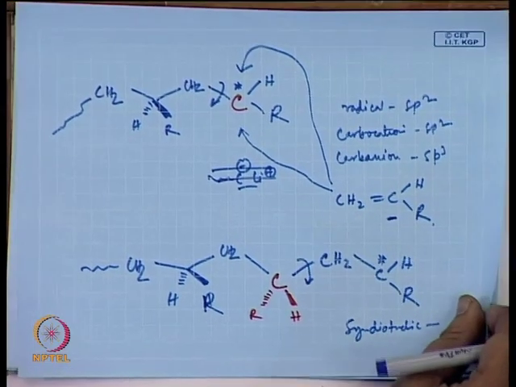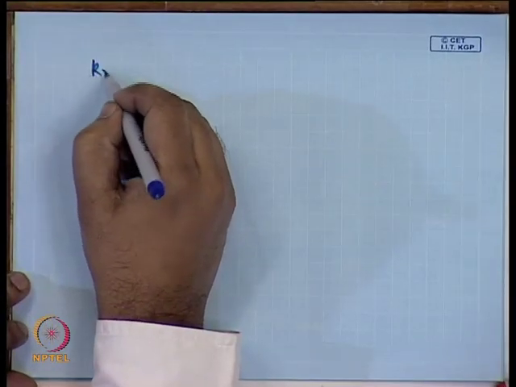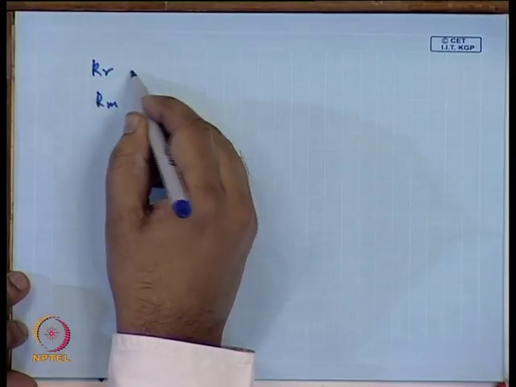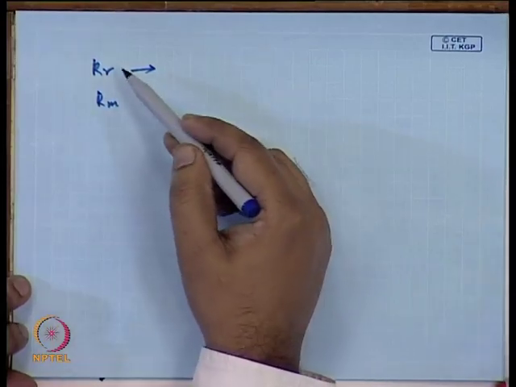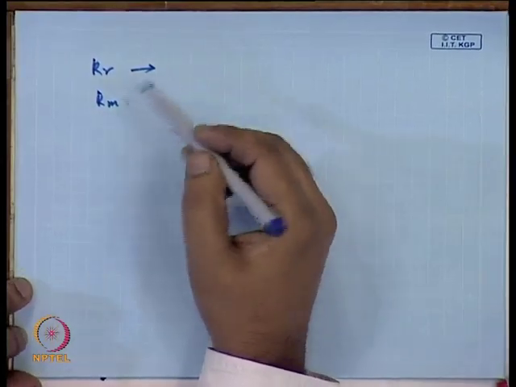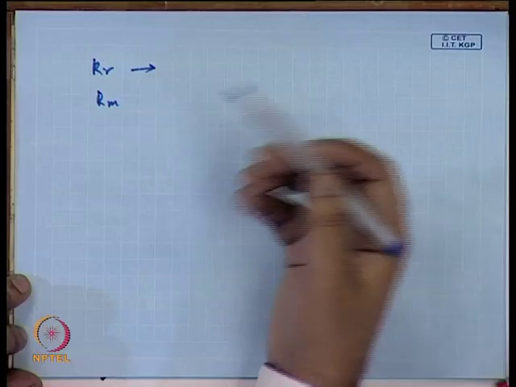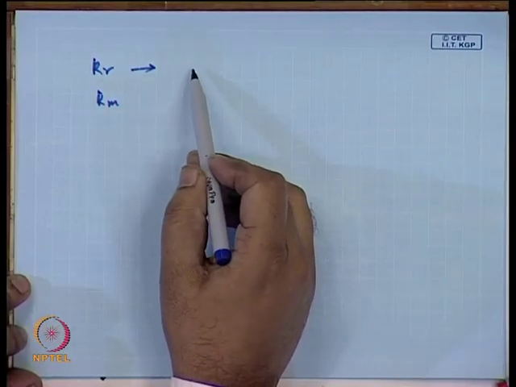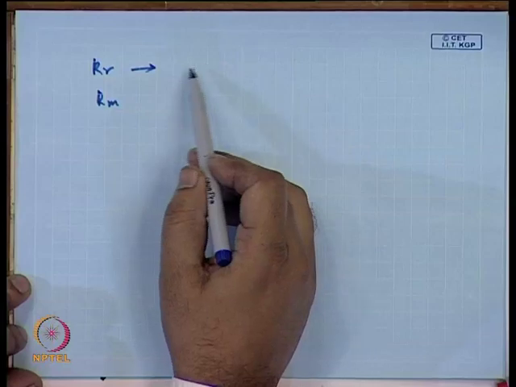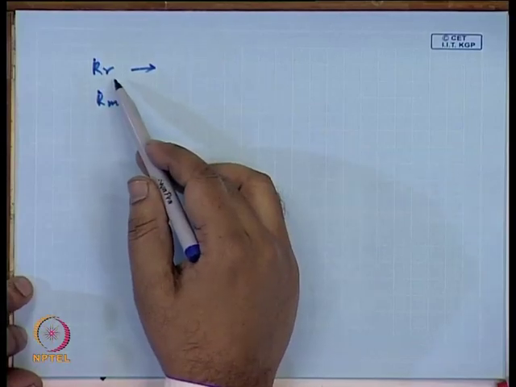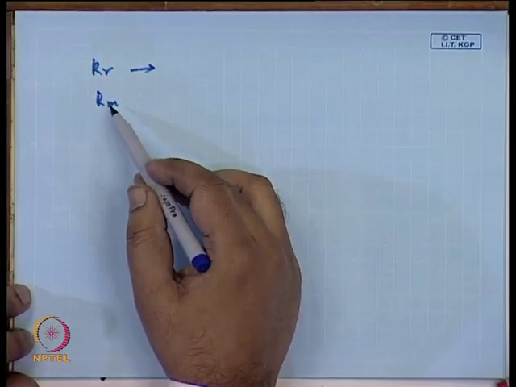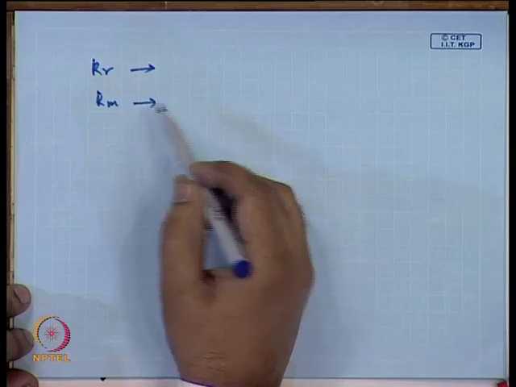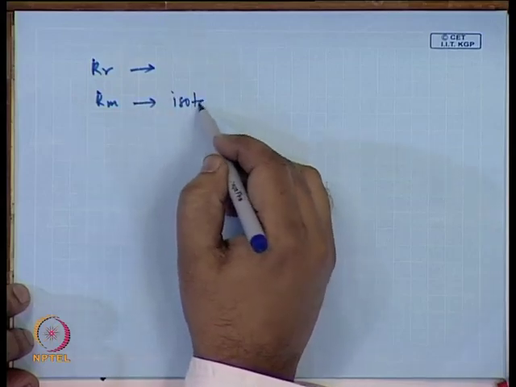So, we can write these two approaches with two rate constants, Kr and Km, where Kr is the rate constant for the syndiotactic addition. R means racemic: two consecutive carbons will have different configurations. And Km is for the meso, which will give the isotactic addition.